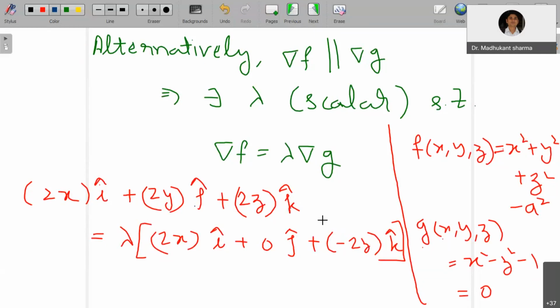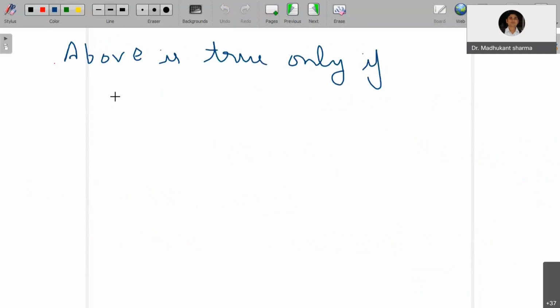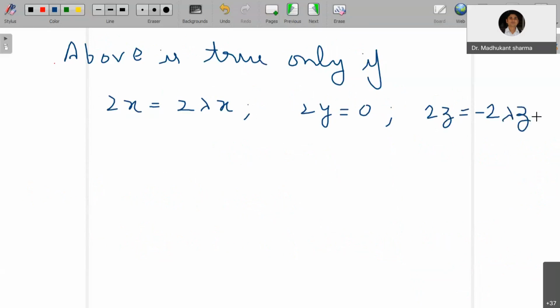So that will give you 2x equals 2 lambda x. 2y equals lambda times 0, that is 0, the second equation. The third equation is 2z equals minus 2 lambda z.